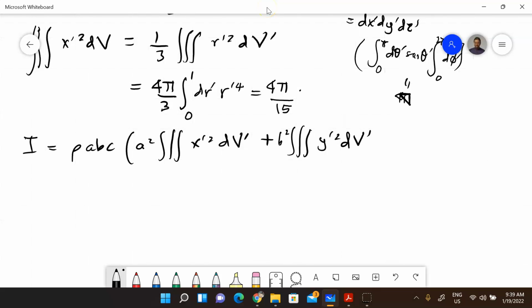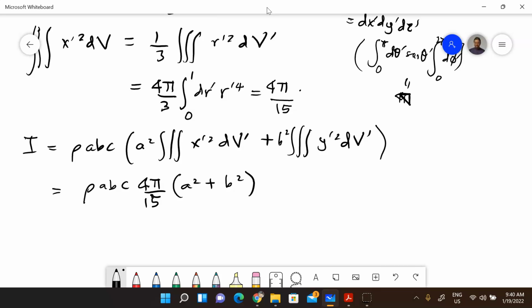I hope I get the right answer. Yeah, so this is rho ABC of 4 pi over 15 times a squared plus b squared. Okay, 4 pi over 15 is coming from the integral, and then you still have your a squared and b squared here.